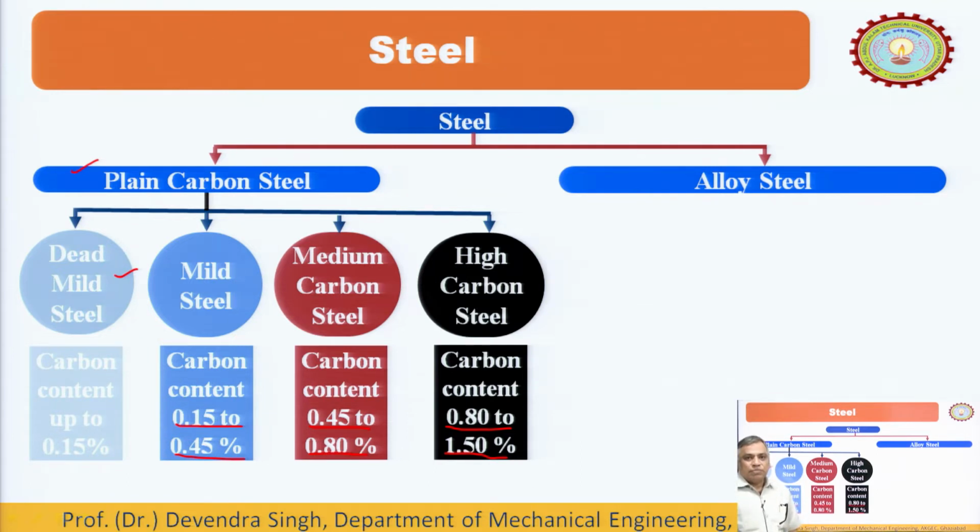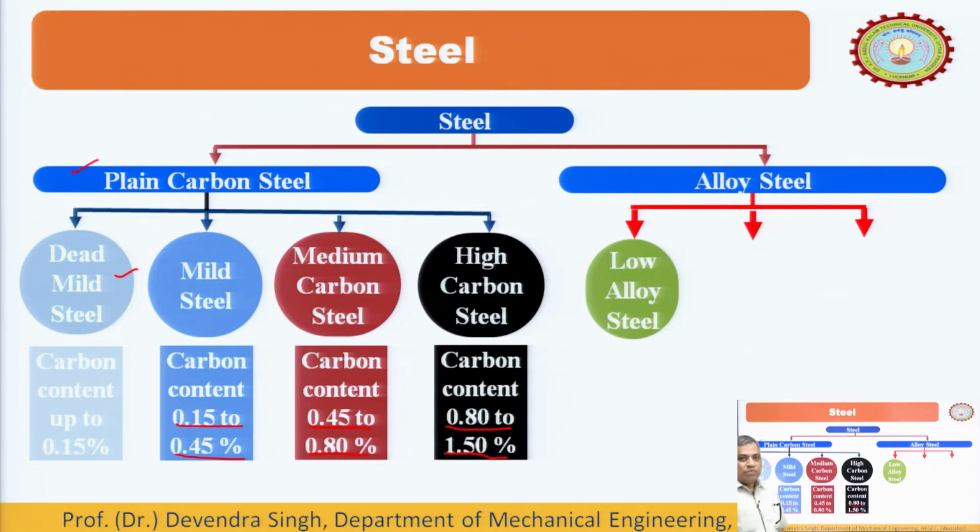Those are called alloy steel, and these alloy steels are classified in three categories. The first is low alloy steel. Low alloy steels are those where the sum of the alloying element percentage is less than 5%.